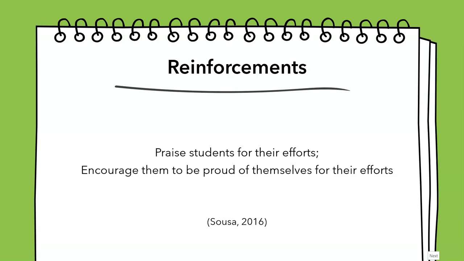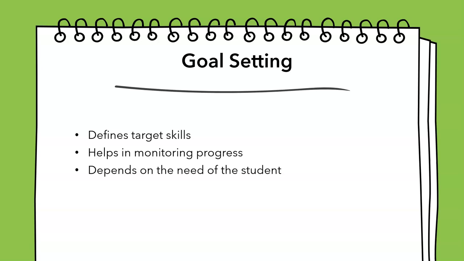Setting goals is important for improving reading skills. Setting goals helps us to define target skills and provides information on how students are progressing. Goal setting should be based on the skills that students need to develop and can include improving fluency, increasing sight word knowledge or vocabulary, and knowledge of letter sound patterns in phonics.